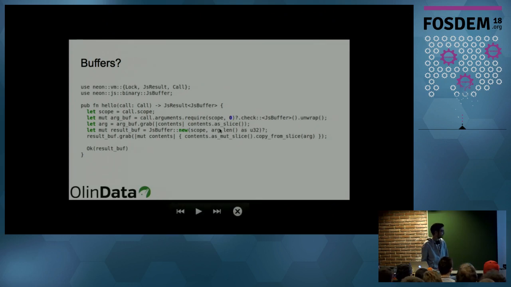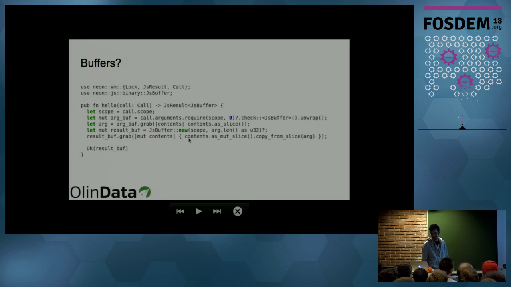So in this case, we are converting to a slice, and then just for this example, I should also show how to create a new buffer. So it's quite easy. You just pass the scope and then the length. So in this case, I wanted to just copy the buffer that the function was called with. So we just get the size of it, and then I have to call the grab method again, so it can create a lock.